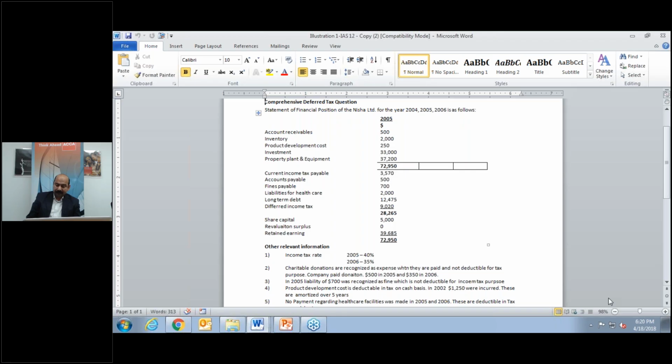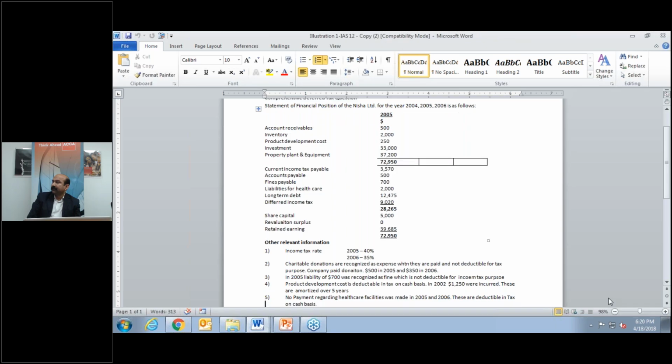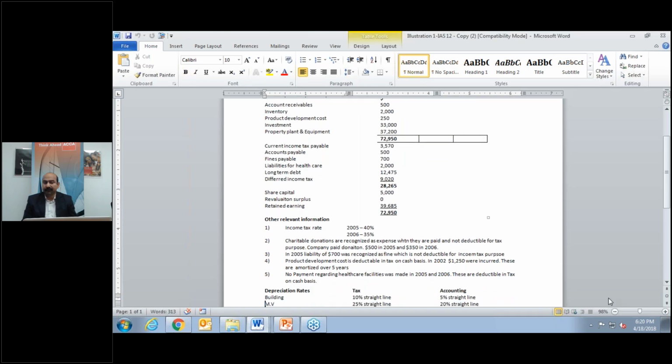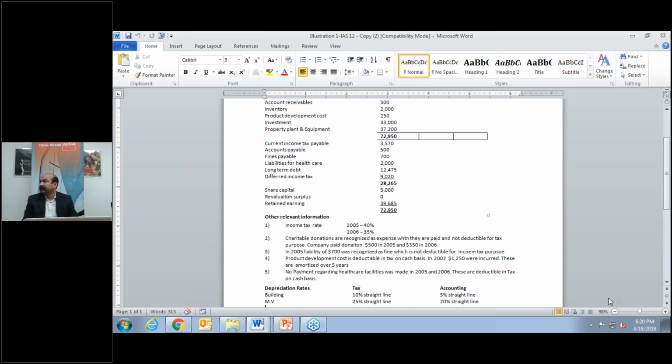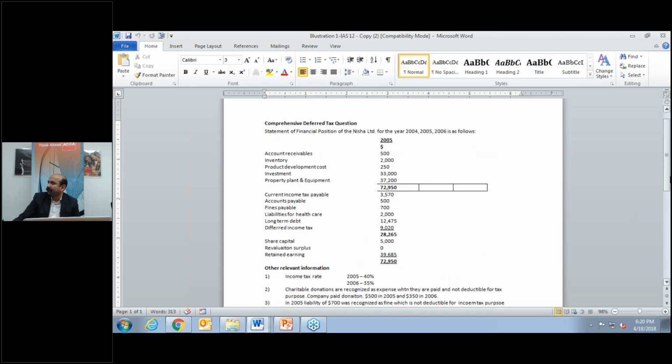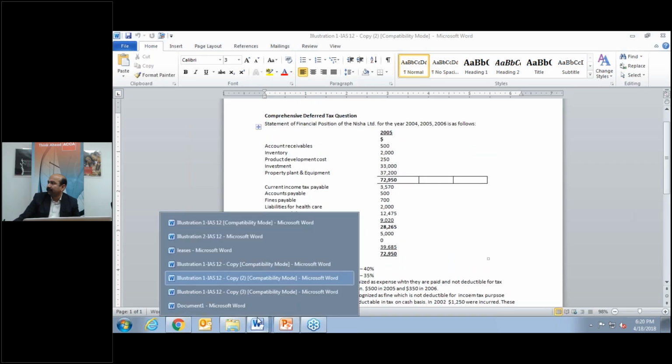Okay, the other information is income tax rate. Income tax rate in 2005, 40%, 2006. I suppose it should be like 2004. We need 2004 in fact.